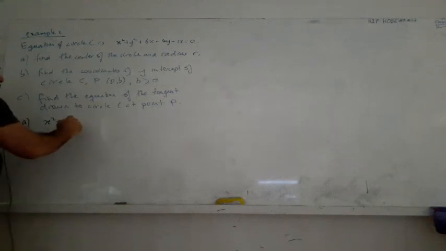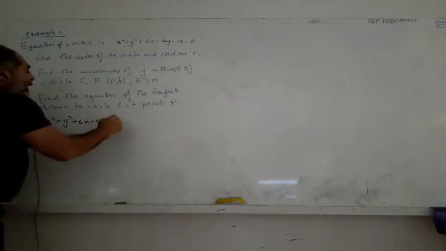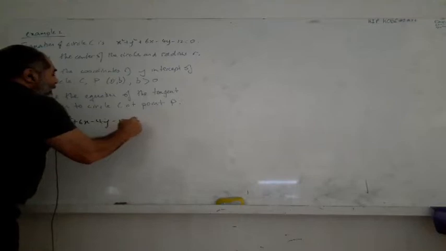first part of the question is, we have the equation x squared plus y squared plus 6x minus 4y minus 12 is equal to 0. And what is the general equation of the circle? We have two equations actually.